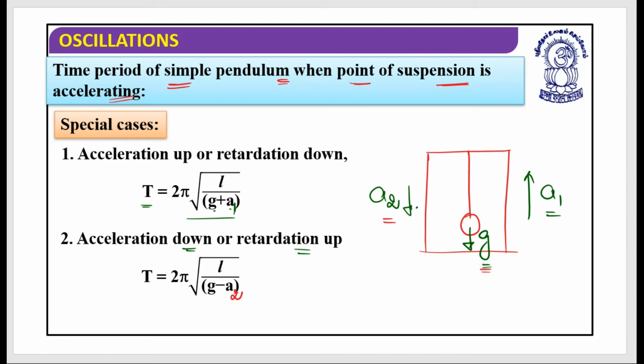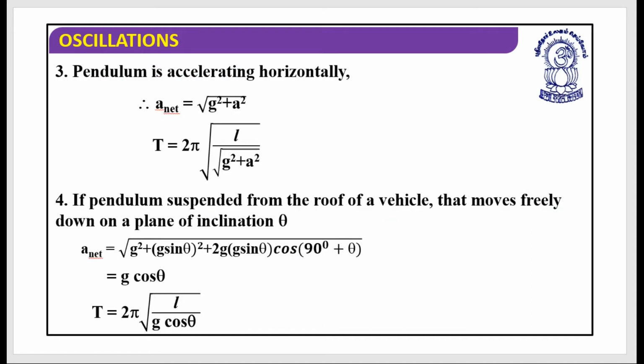I hope this is clear. Great. Now let's suppose the situation is something like this: a car moving in the horizontal direction with acceleration a. What would be the time period? Think and let me know.